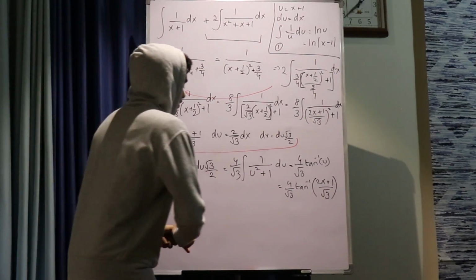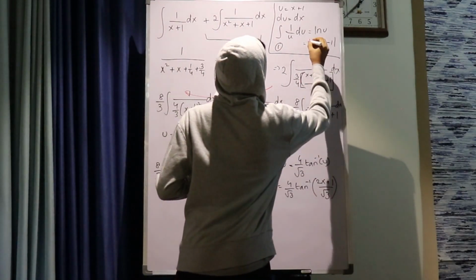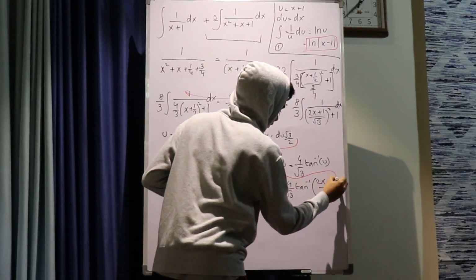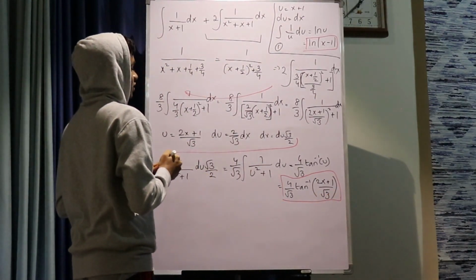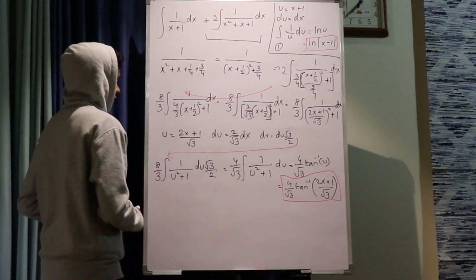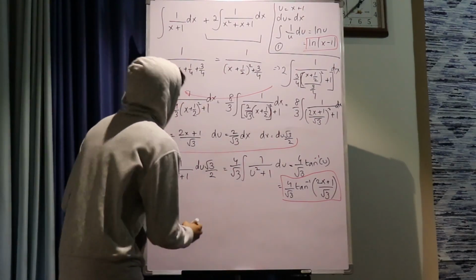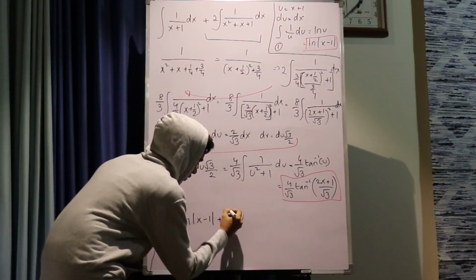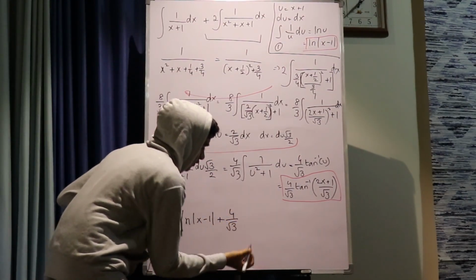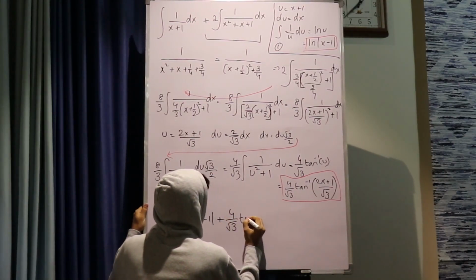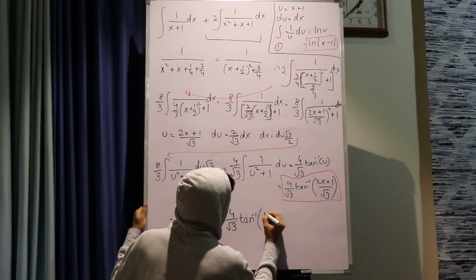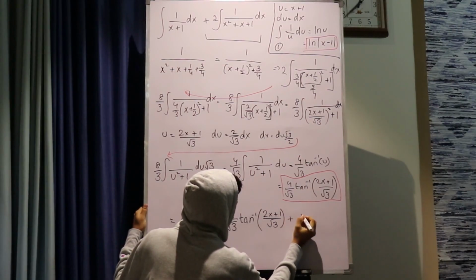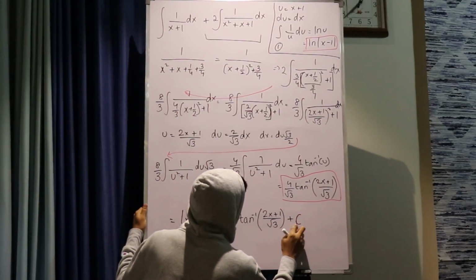So we've got our first term up here, and we've got our second term down here. So now we just got to put them together. So the final solution is ln of x minus 1 plus 4 over root 3 into tan inverse of 2x plus 1 over root 3, and finally the constant of integration.